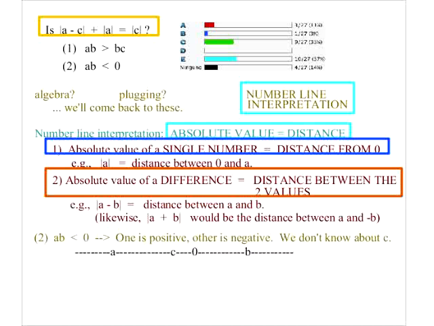So I'm going to color code this accordingly. The difference between A and C, that's this, the distance between A and C. This is just the distance between A and 0. And then this is the distance between C and 0. So let's mark those on this number line.